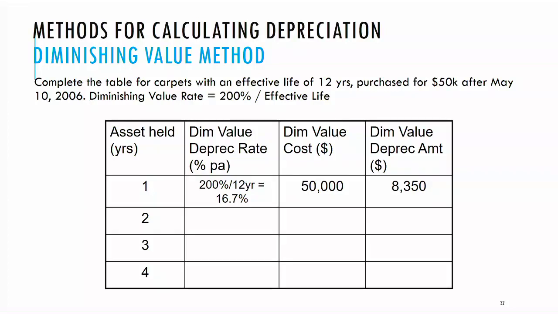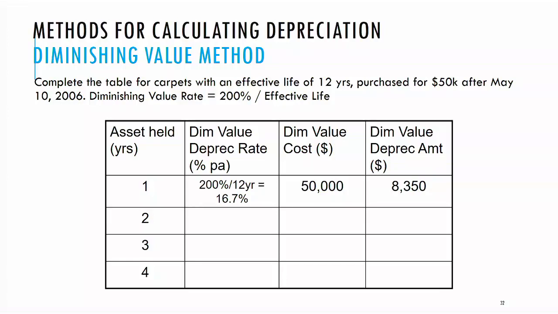How do you calculate it? Get the effective life, for example here 12 years, then 1 divided by 12, and then we multiply by 200%.